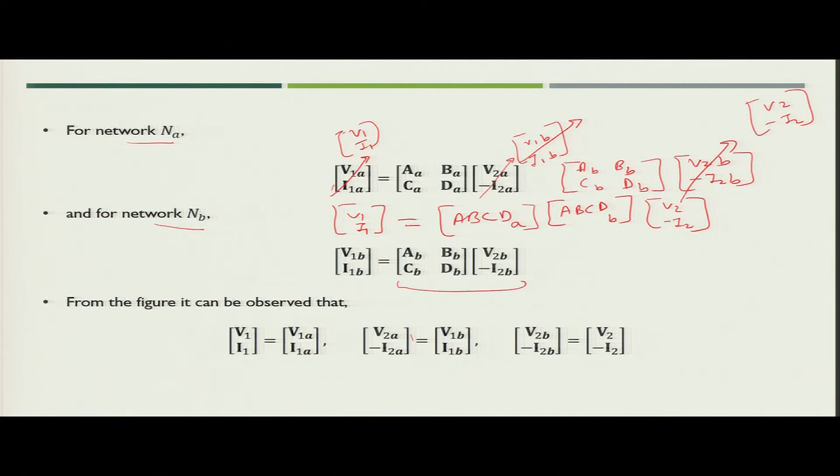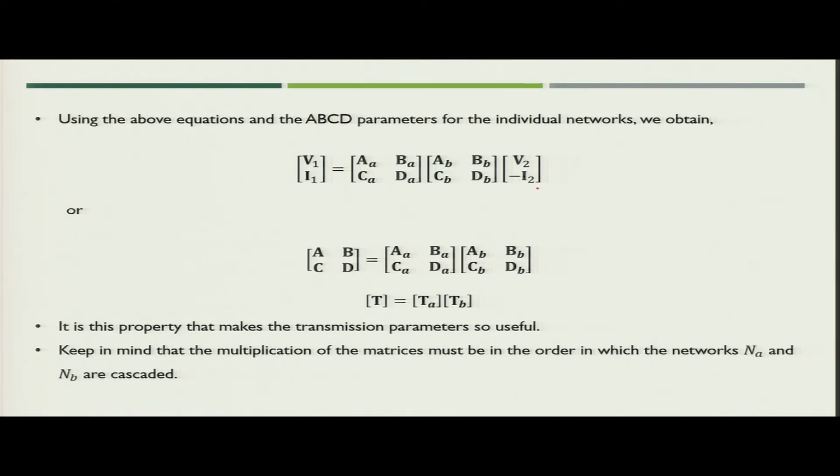So, that means that if the networks are connected in cascaded fashion, the ABCD parameters of the overall network are the multiplication of the individual ABCD parameters of the subnetworks.